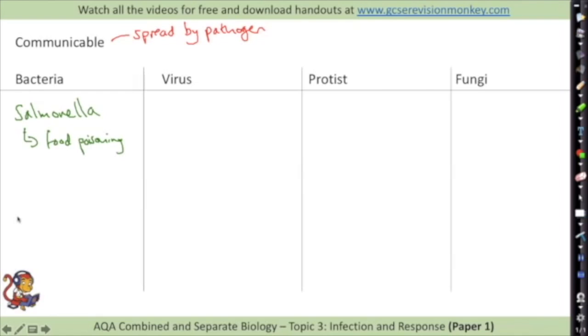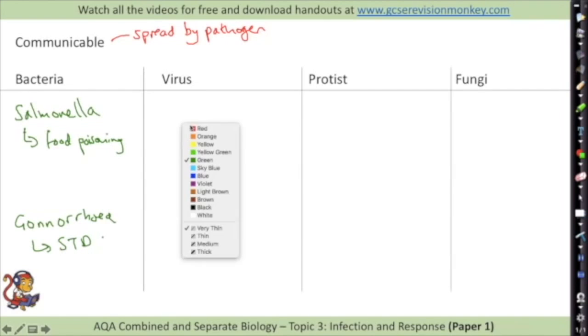The other bacterial condition that you need to be aware of is gonorrhea. And this is a sexually transmitted disease, and the symptoms of this are that it causes pain when urinating and also a yellow or a green discharge.